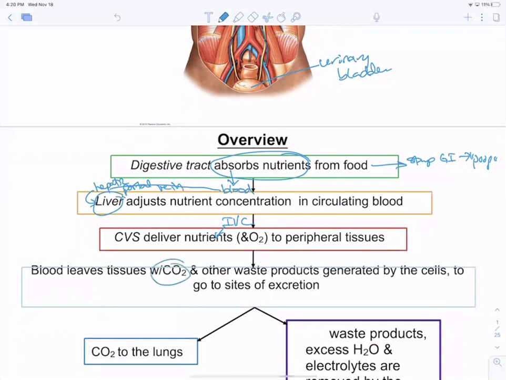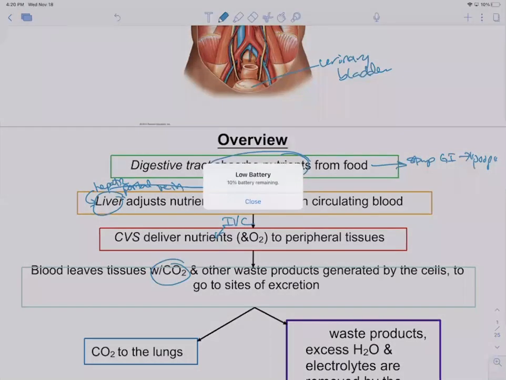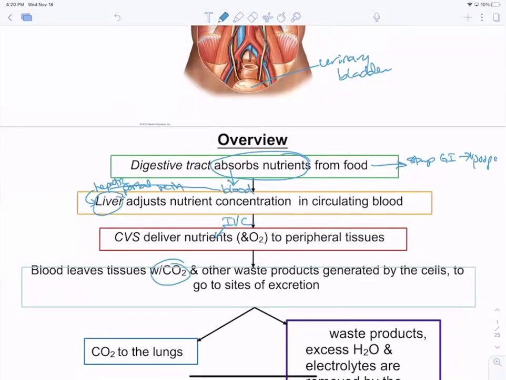And so one of those wastes is carbon dioxide. It's a byproduct of cellular respiration from the cells, transferring energy from nutrients to ATP molecules. The carbon dioxide is going to get blown out in the respiratory system, right?